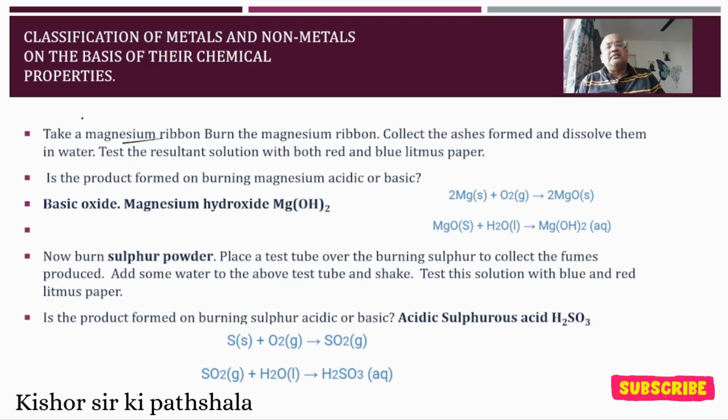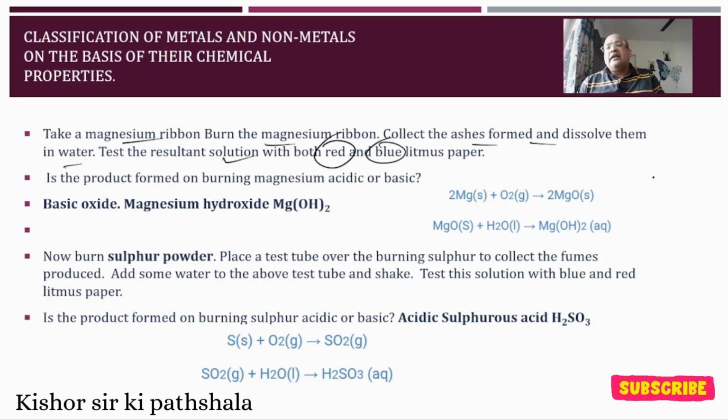Let us take a magnesium ribbon and burn it in air. Then let's collect the ashes formed and dissolve them in water, and try the resultant solution with both red and blue litmus paper. Okay, let's do that.